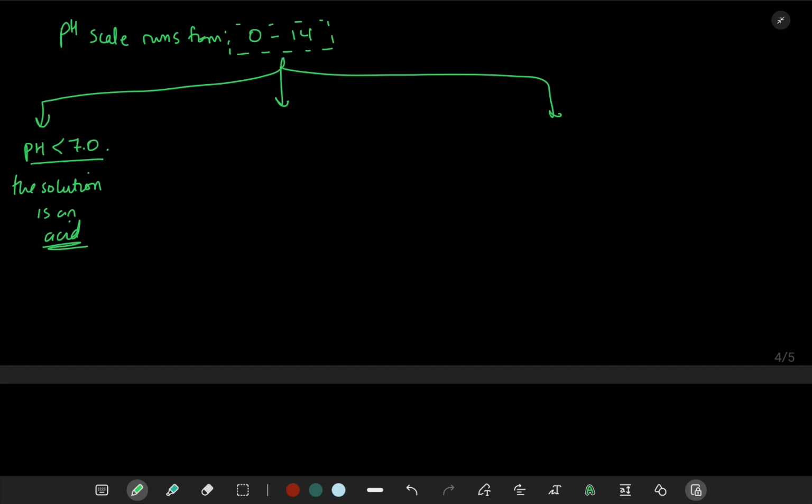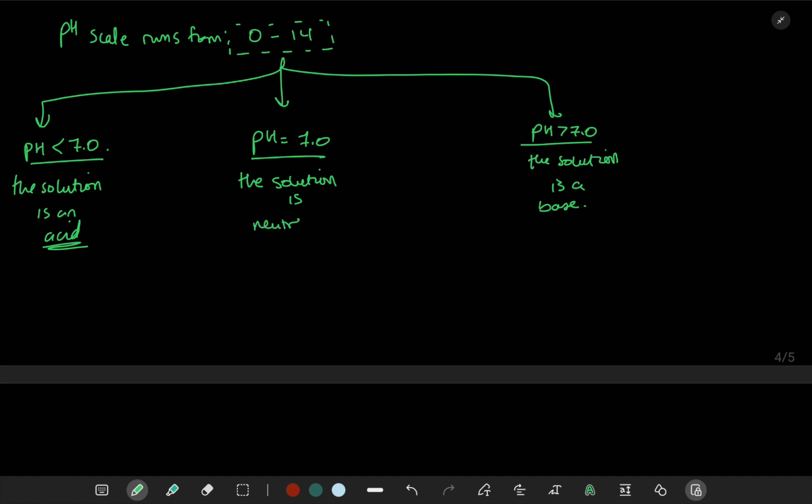If we have pH greater than 7, the solution is a base. And if we have a solution with pH equals 7, like pure water, the solution is neutral.